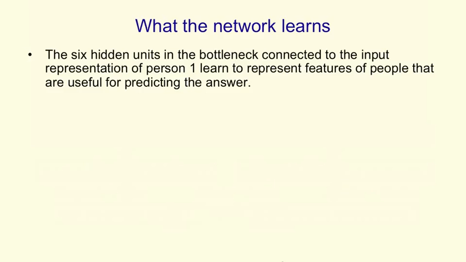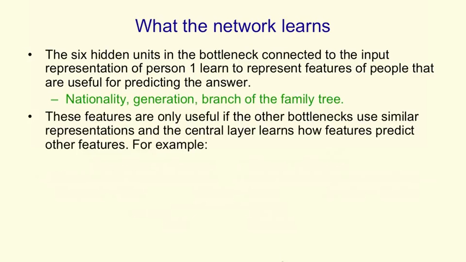So the networks in the bottleneck have learned to represent features of people that are useful for predicting the answer. And notice we didn't tell it anything about what features to use. We never mentioned things like nationality or branch of family tree or generation. It figured out that those are good features for expressing the regularity in this domain. Of course, those features are only useful if the other bottlenecks, the one for relationships and the one near the top of the network before the output person, use similar representations.